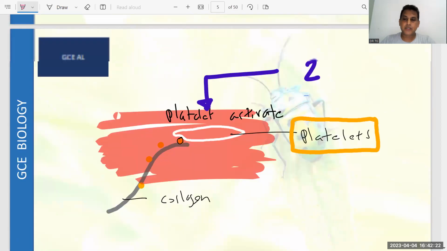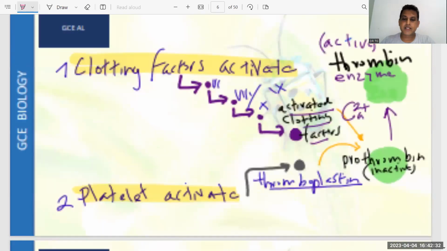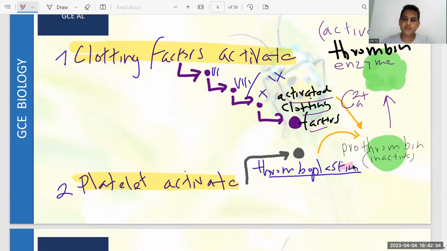Then the second one is the platelet. Platelets also bind to the collagen and activate. So activated platelets release thromboplastin, and activation of clotting factors also produces the final active form of clotting factor, and this activates prothrombin into thrombin.